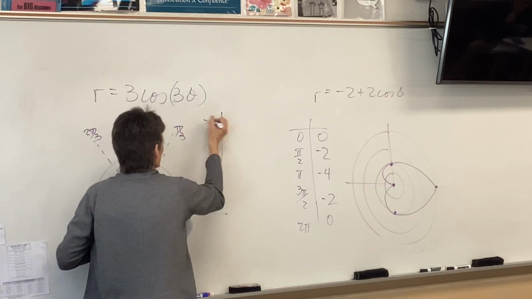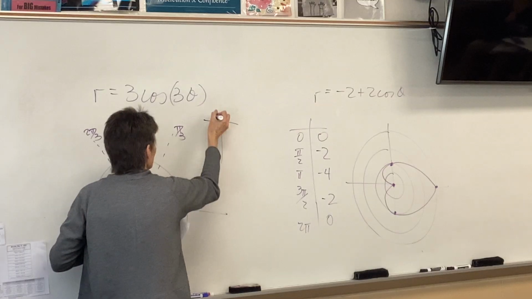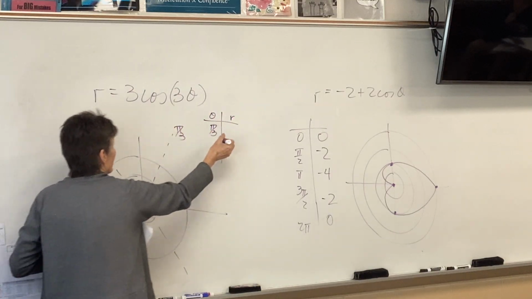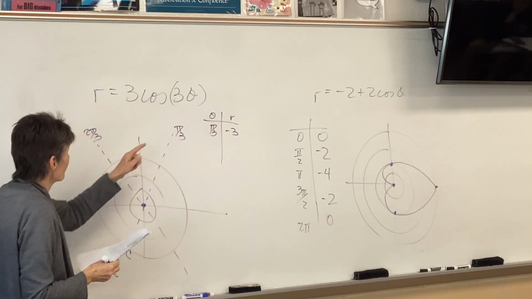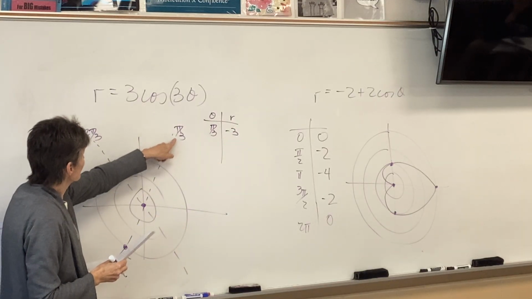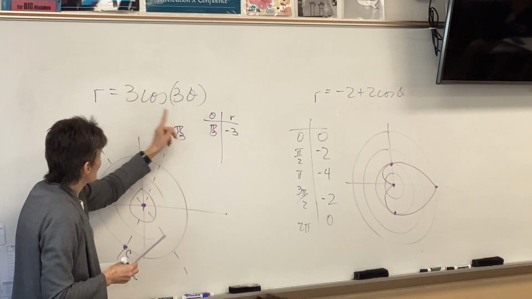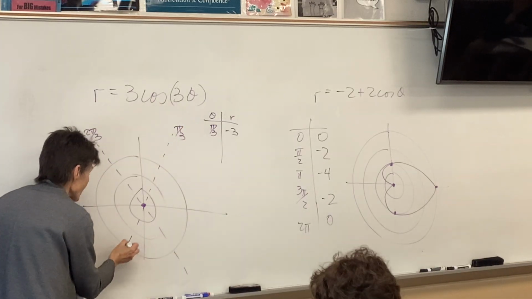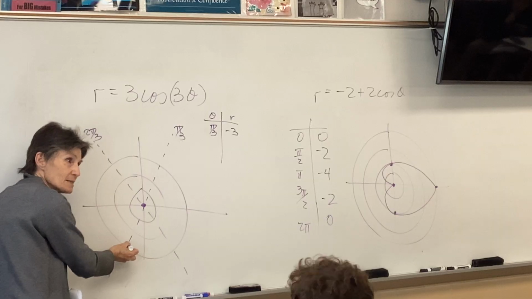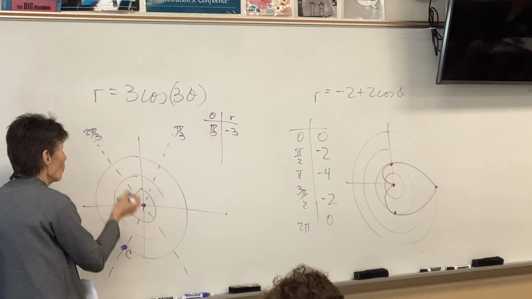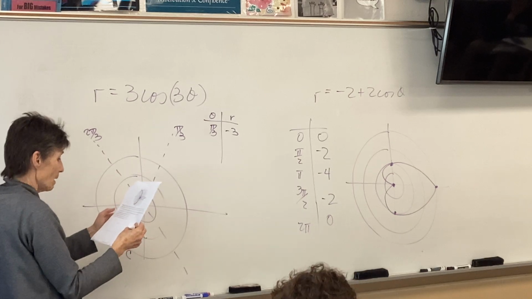So if we put in pi over 3, then our r will be -3. If we put in pi over 3, we have cosine pi, which is -1. So we get -3, which actually plots right here. Does that make sense to you? Okay, perfect.